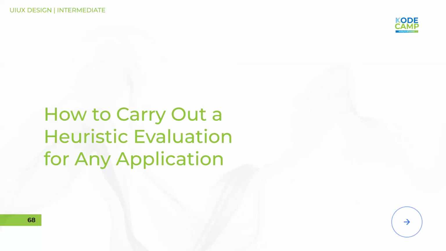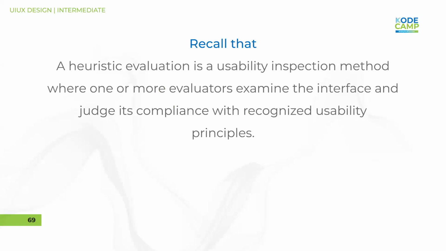So how do we actually carry out this evaluation for any application, be it a website, a mobile app, a web app and the likes of it? Recall that heuristic evaluation is a usability inspection method where one or more evaluators examine the interface and judge its compliance with recognized usability principles.